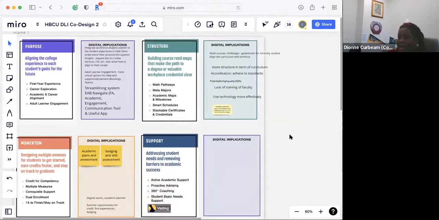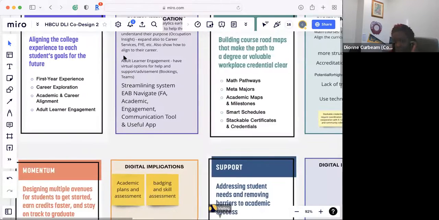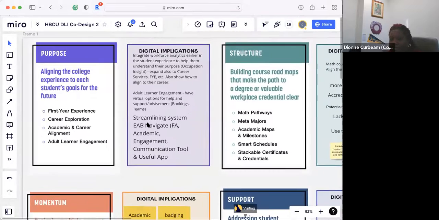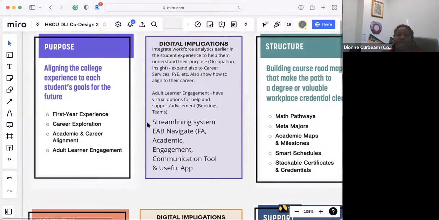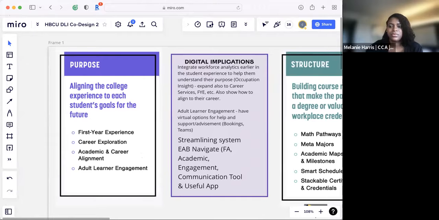Okay, well, I will start at the top in terms of my campus, and I would say that I'm very guilty. We have a workforce analytics tool called Occupation Insights, and we had that limited to a couple of our professional programs, business, nursing, and another program I can't think of.